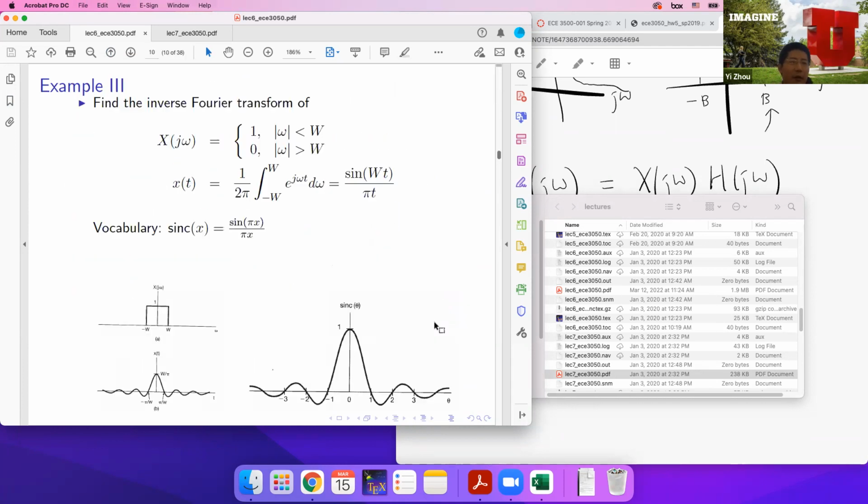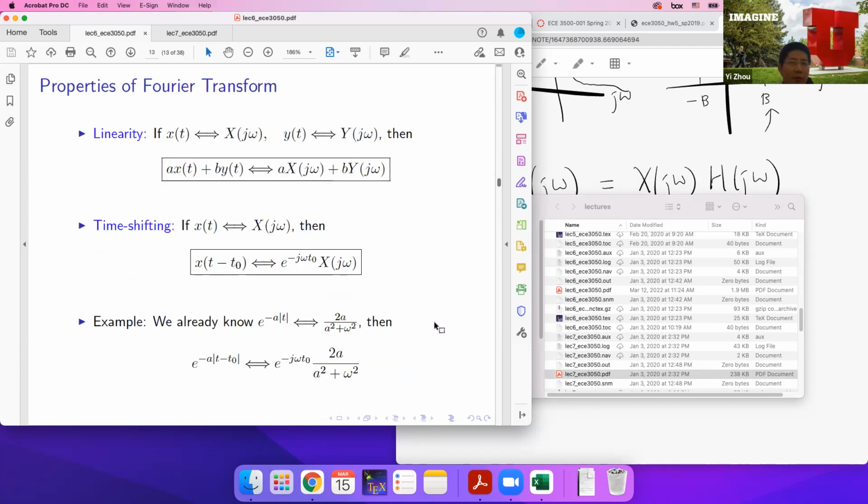Well, since there are a lot of properties, probably 6 to 7 or even more, I think I will provide some of them that will be related to the problems or the exams. But I suggest you always copy all of the properties on your reference note.